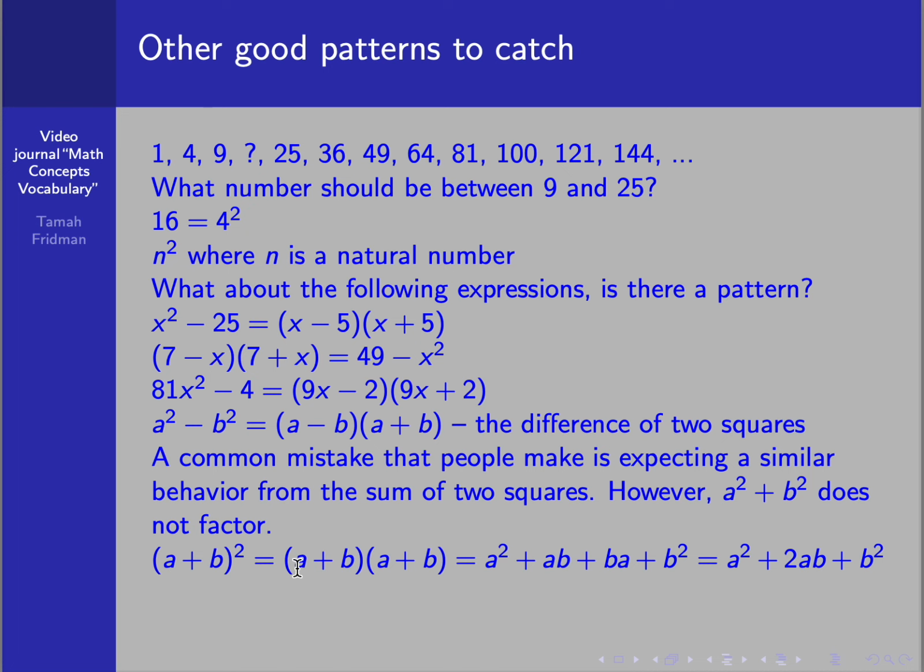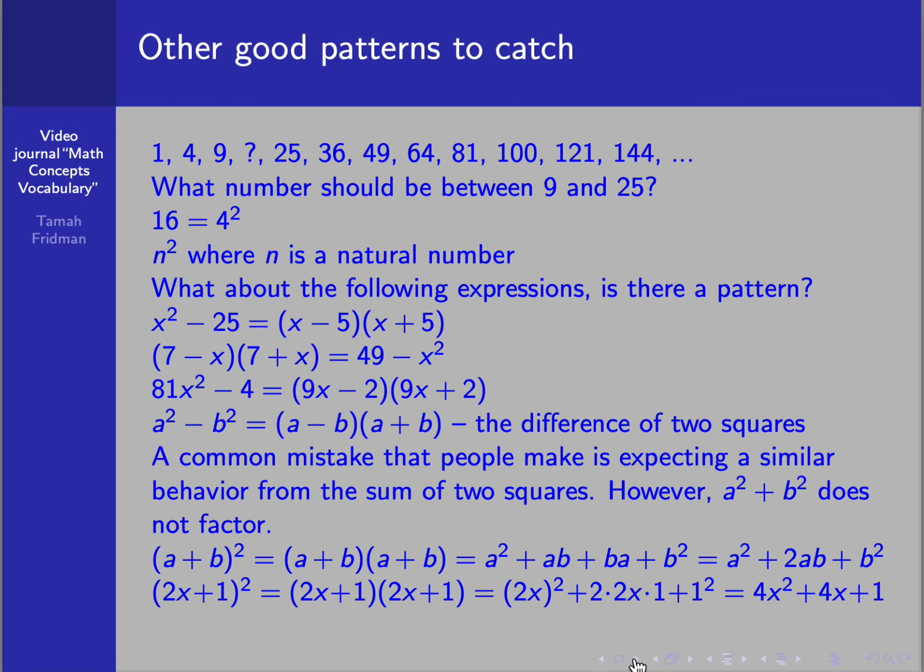So let's multiply. We get a squared plus ba plus ab plus b squared. So we get a squared plus 2ab plus b squared. And you can see that a plus b times a plus b is not the sum of squares, because a mixed term is missing from this expression, right? We should have it.